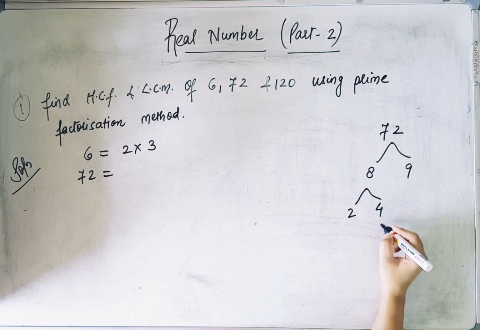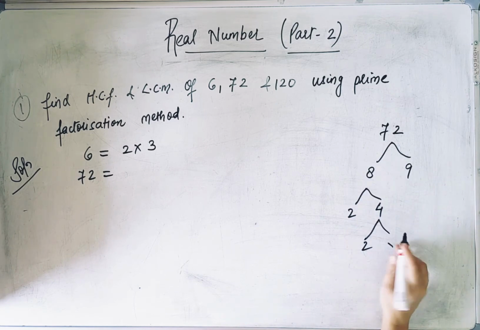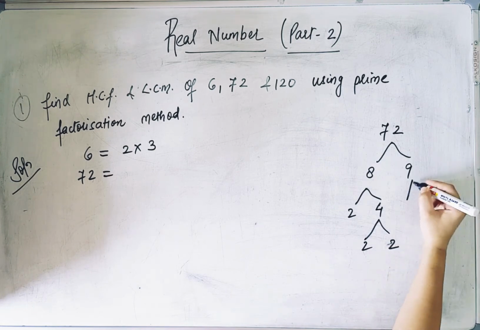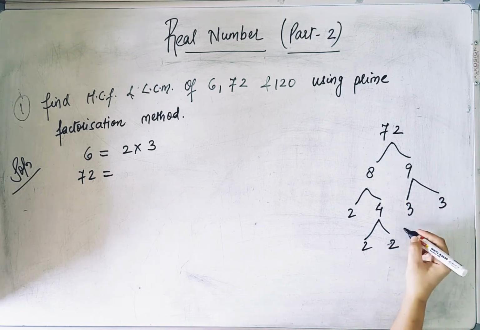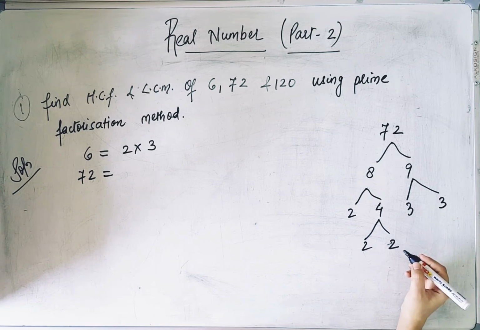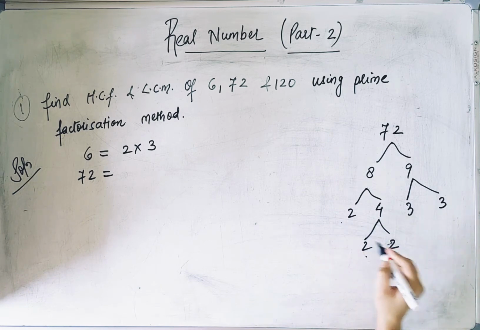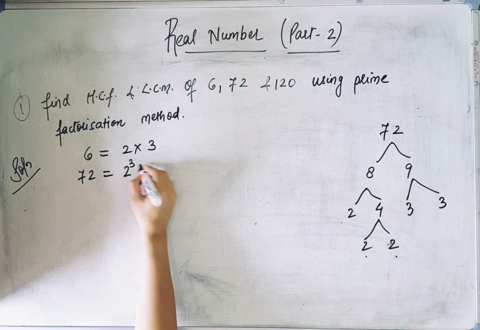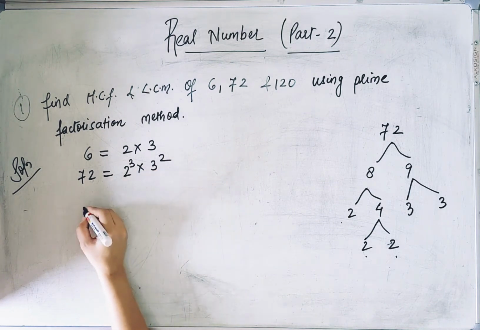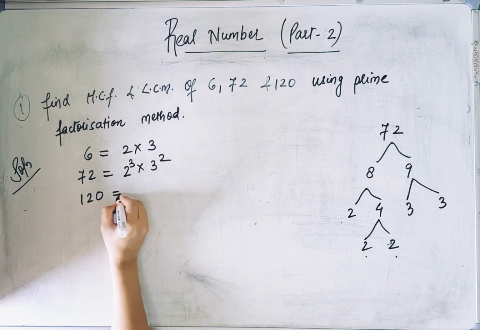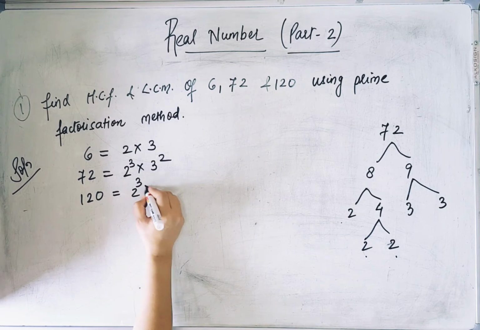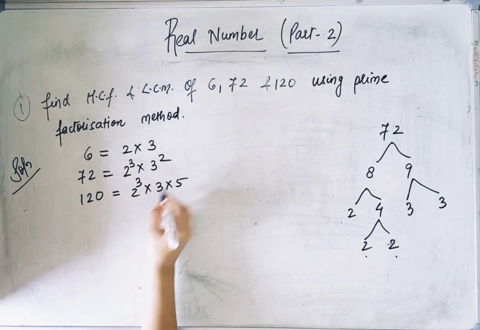So 8 is 2 into 4, and this will be 2 into 2. Similarly 9 will be 3 into 3. So the factors are 2, 2, 2, 3, 3. That means 2 cube into 3 square. Similarly for 120, the factors will be 2 cube into 3 into 5.